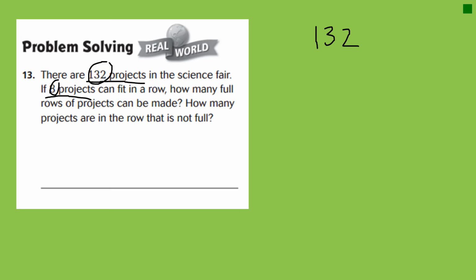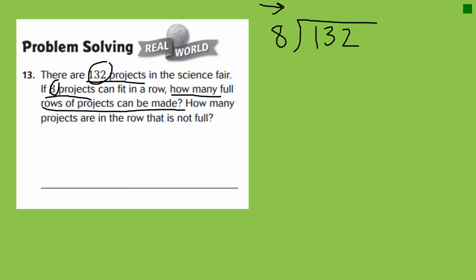So I'm taking 132 and I'm separating them into a row of 8, another row of 8, another row of 8, another row of 8. Okay? So we are dividing by 8. And the quotient is going to be how many full rows of projects can be made. The quotient will be the number of rows that have 8 projects in them.